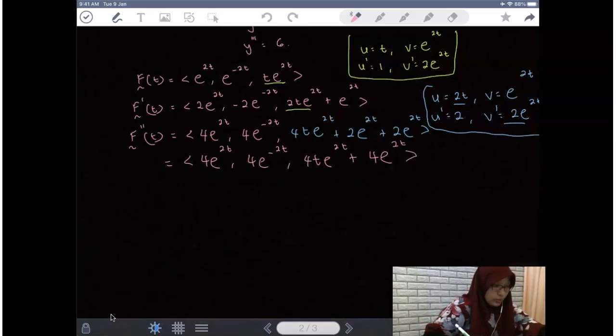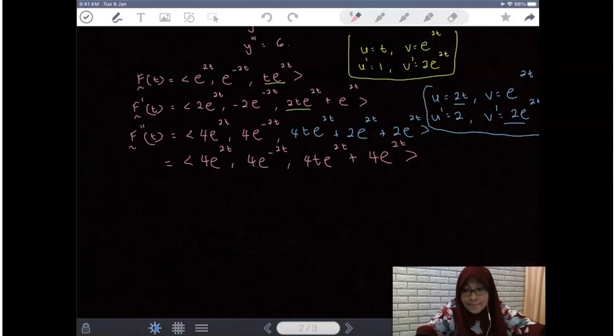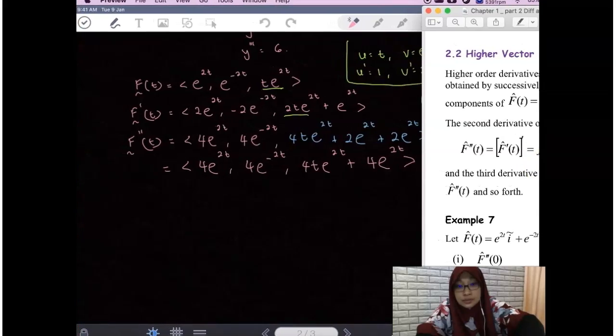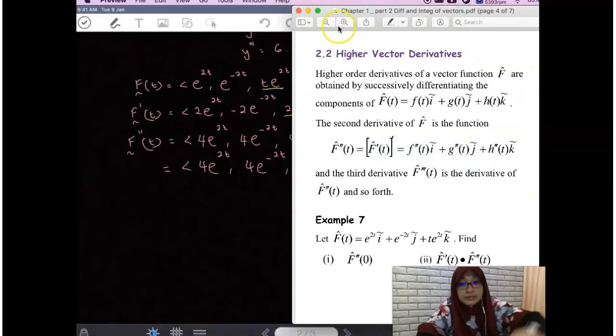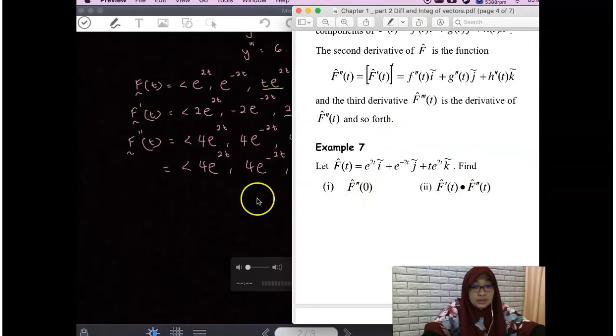Because from the question you have to find f double prime when t is equal to 0.